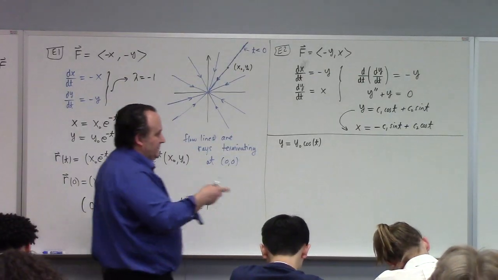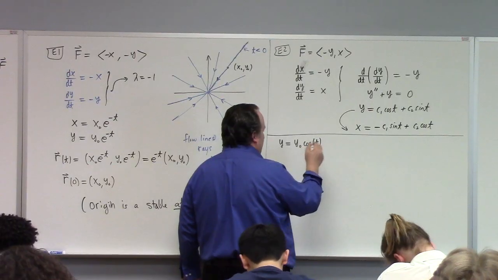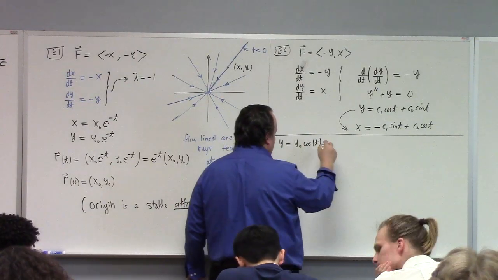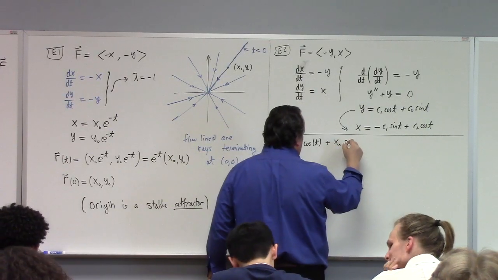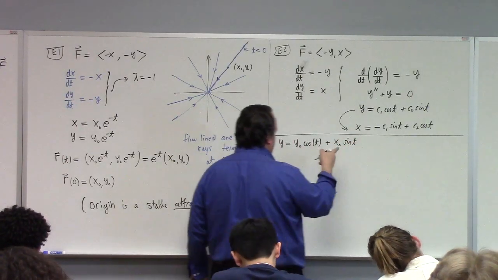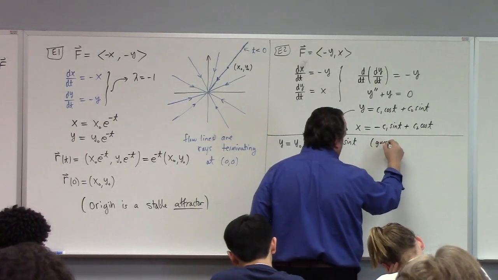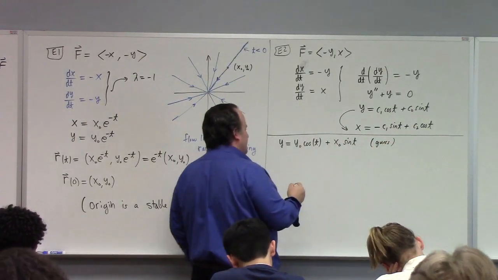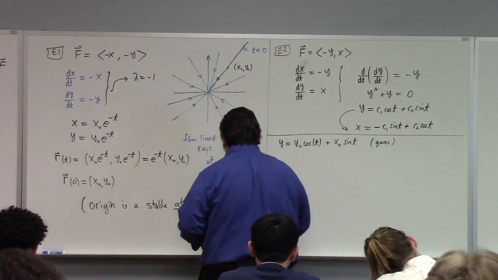And then maybe I need plus x naught sine t, maybe? I'm not sure. This is a guess. Actually, let me be less weird. I'm just guessing the answer. Let me derive it instead.